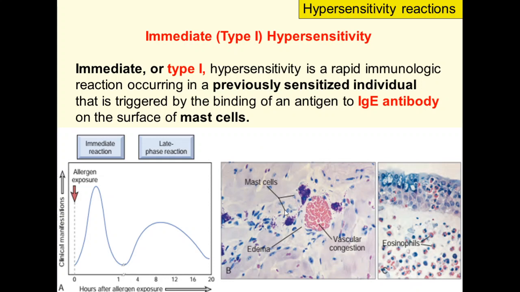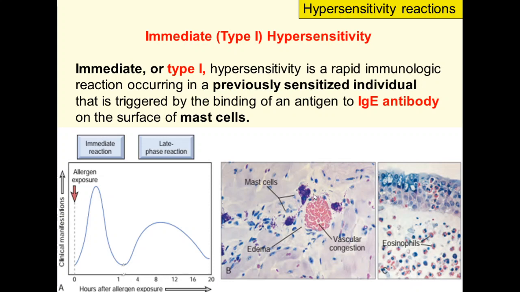Mast cells actually contain these immunoglobulins on their surface. Next one, significant edema. How do we see the edema on the microscopic slide? We see empty spaces between cells. So in other words, we see increased distance between cells.